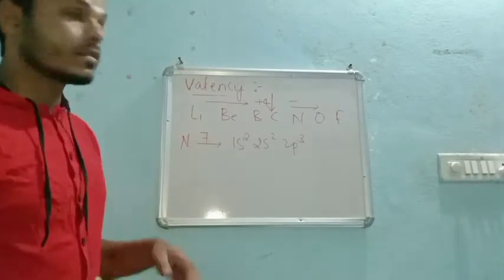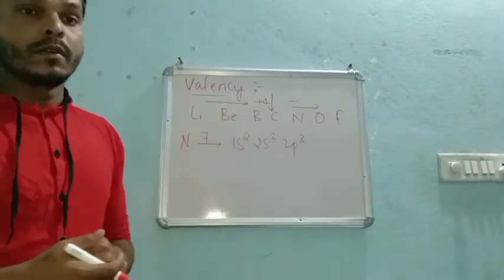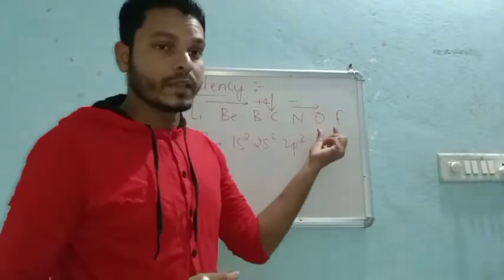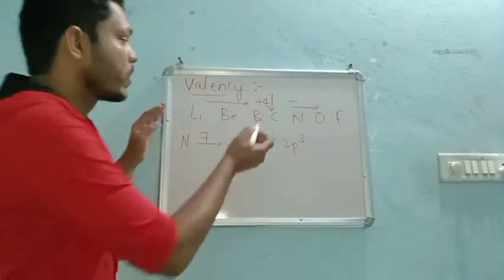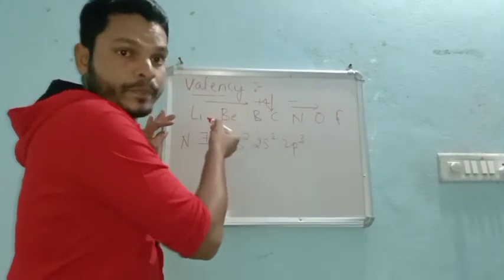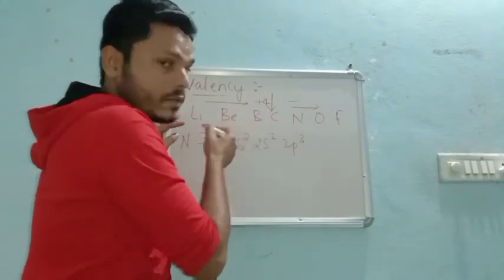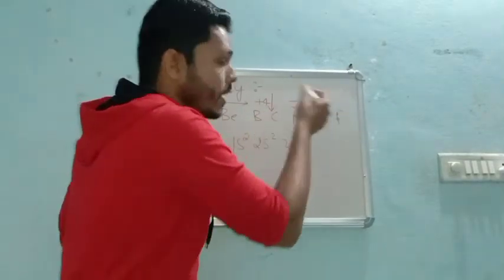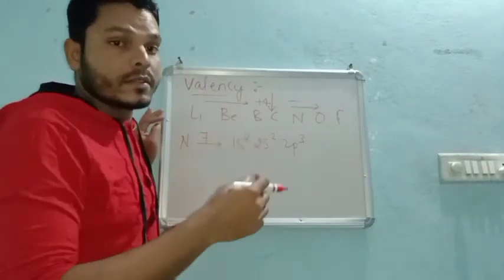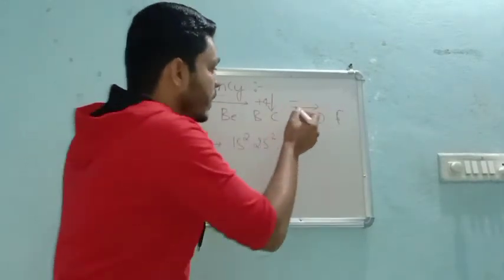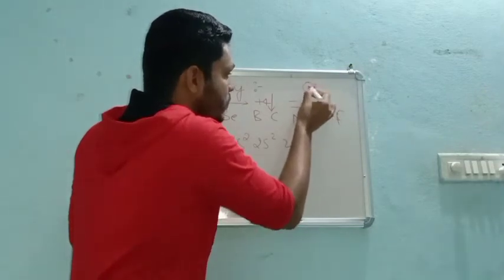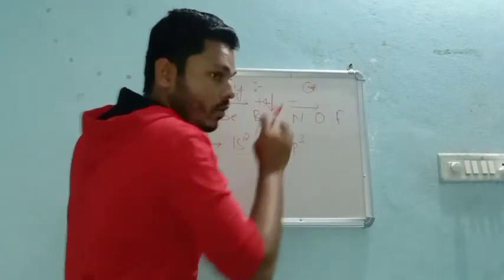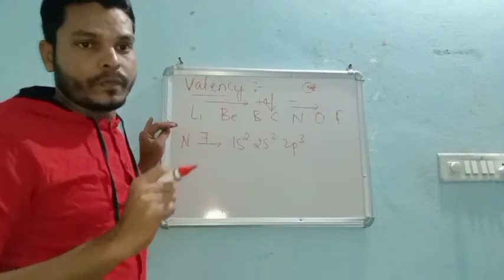And don't ask me, sir, why are you mentioning this valency as negative and this as positive, right? Why? Because electronegativity is less in these elements, but now the electronegativity character goes on increasing, right? Because due to that the size decreases. Size decreases means the nucleus will not allow this electron to be removed so easily.